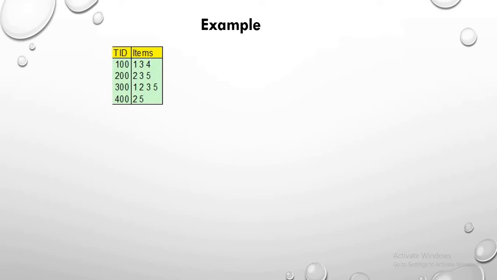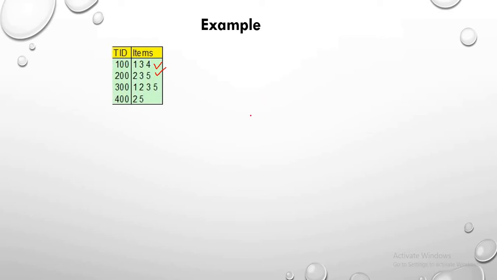This is the data set. The first person is taking 3 items, the second person also 3 items, the third person 4 items, and the fourth person 2 items. Now we will start the Apriori algorithm.